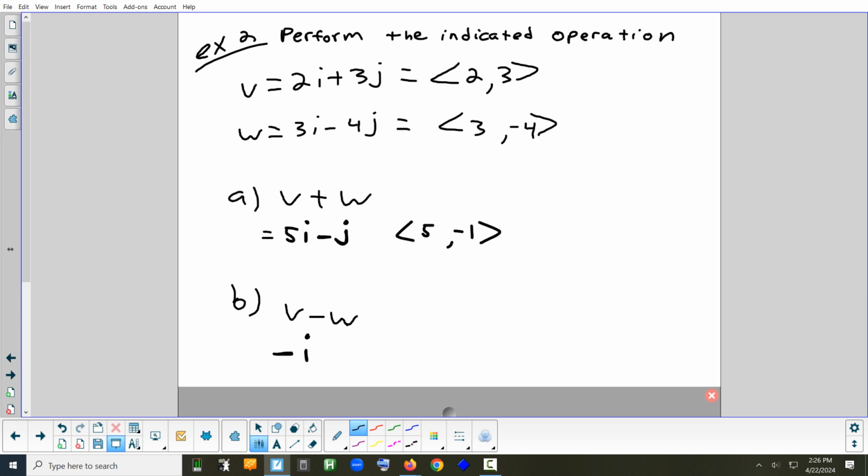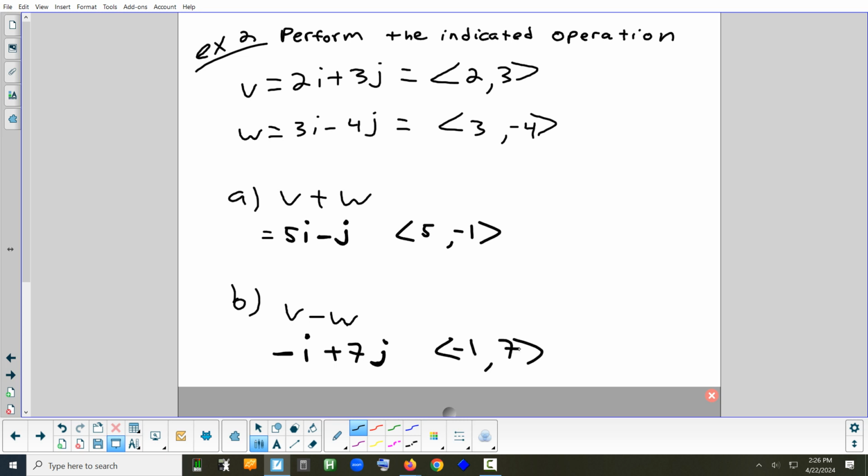Yep. And the vertical component? Plus 7j. Yep. It's going to be 3j minus 4j, so plus 7j. And using the other notation we learned, negative 1, 7. Perfect.